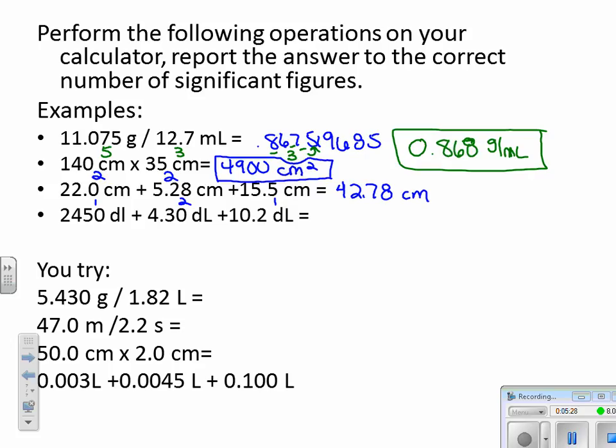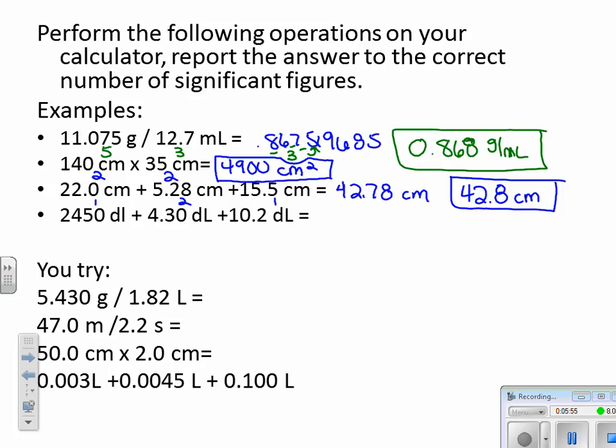And our least accurate tool has a mark for every 1 centimeter, and the tenths place is an estimate. So we're only going to keep the tenths place in our answer. So to report this properly, 42.8 centimeters. I rounded that up because directly to the right of the 7 is a value that is higher than 5.